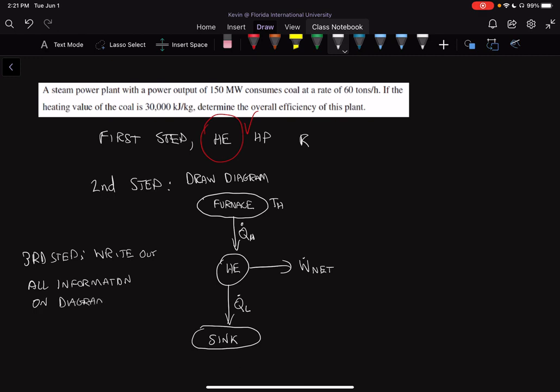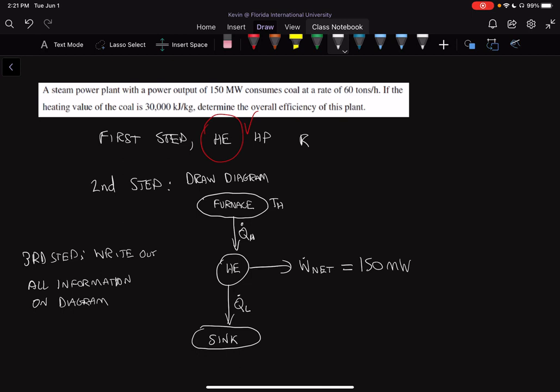So we're going to write out all the information that we're given in the problem. We're told that a steam power plant produces 150 megawatts of power output. So we know that W dot net is equal to 150 megawatts. We can change the units later, but let's just write megawatts.